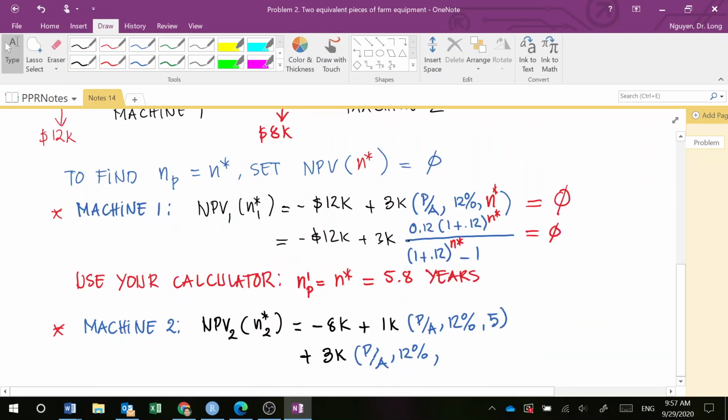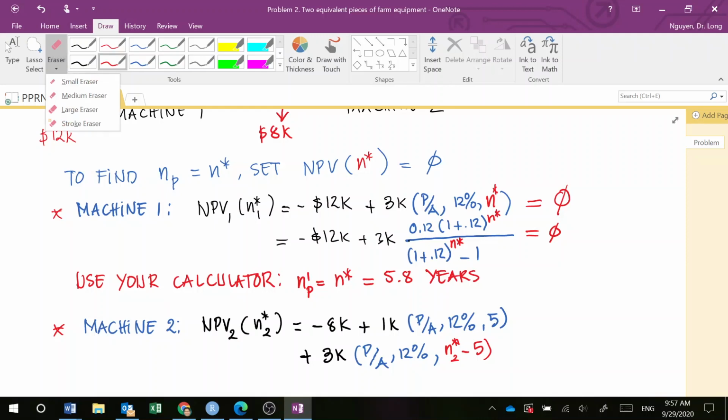So that one has to be N star 2 minus 5, the first 5 years already considered. So we have that minus 5 in there.